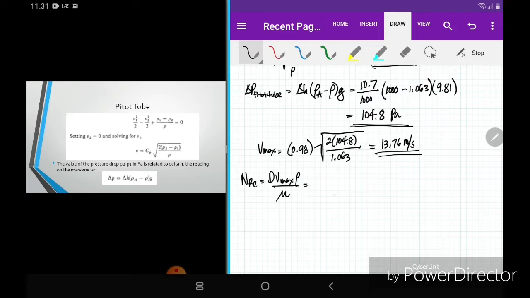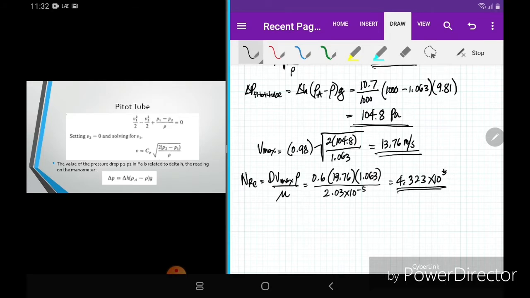This is then equivalent to the diameter, which is 0.6 multiplied to 13.76 maximum velocity times the density, the corrected 1.063 kilograms per cubic meter, divided by the viscosity that we got, which is 2.03 times 10 to the negative 5 Pascal second. The answer will be equivalent to 4.323 times 10 to the fifth.